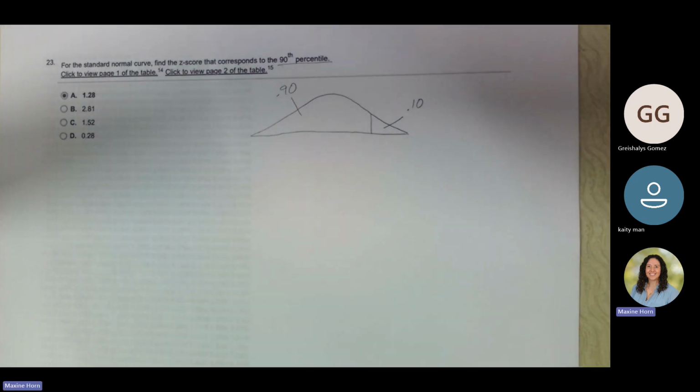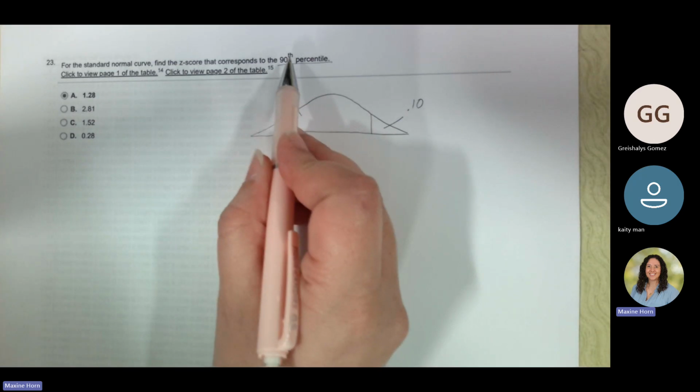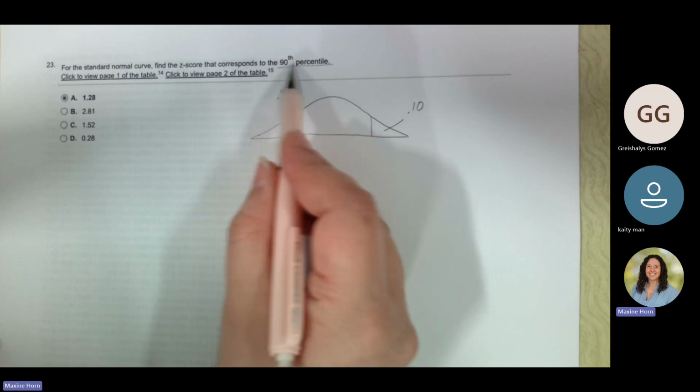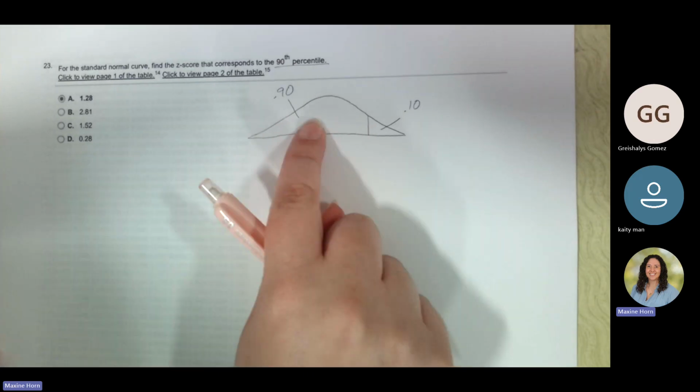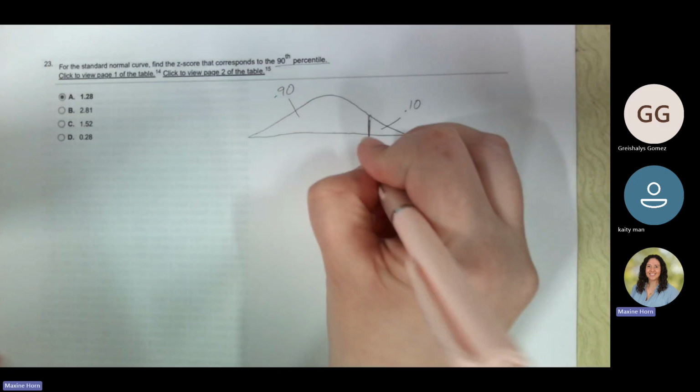So you have to remember that that's what that means, not the other way around. I think sometimes people get confused and they try and put the bigger number to the right, but whatever number that is, whether it's the 90th or the 5th or the 1st or the 99th, that's the area to the left of whatever your z-score is or your x value.